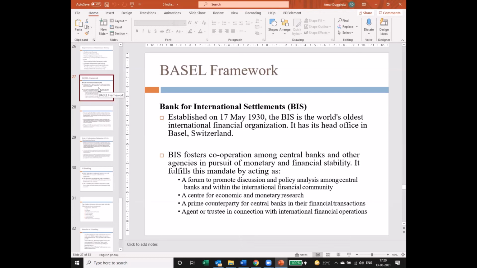BIS, what does it do? It fosters cooperation among central banks globally and other agencies in pursuit of monetary and financial stability. So nowadays, when you are in a liberalized and globalized economy where money is flowing from one country to another, maybe even from one village of a country to another village of the country. Say, for example, your relatives are in the US, in some suburban area.